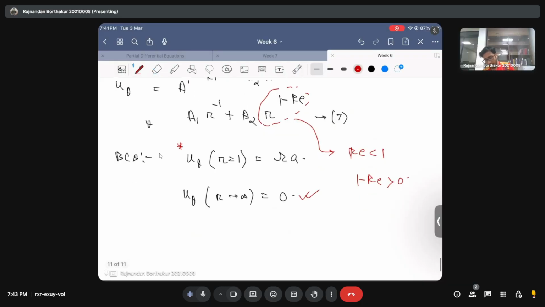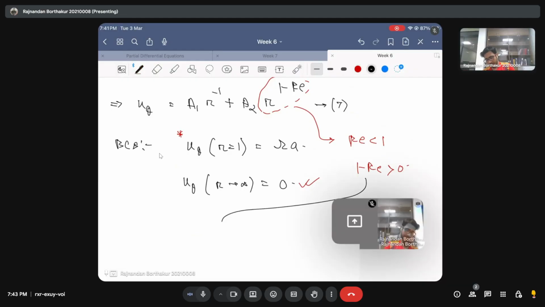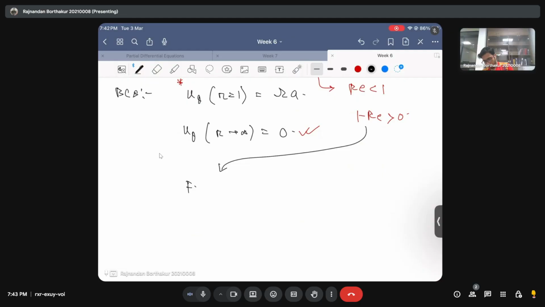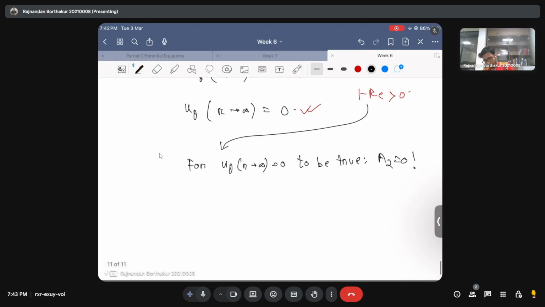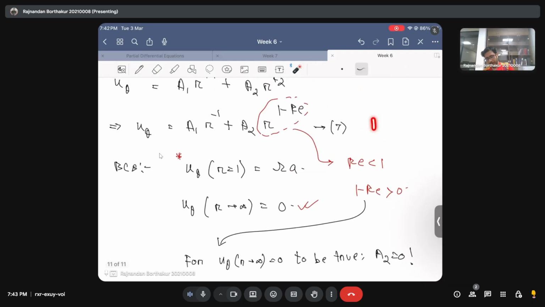Which means for the boundedness condition, u theta at r tending to infinity equal to 0, to be true, I require that a2 has to be equal to 0. This is a must for the case when Reynolds number is less than 1. Why? Because 1 minus Re is greater than 0 if my Reynolds number is less than 1, so this factor will blow up at r tending to infinity.